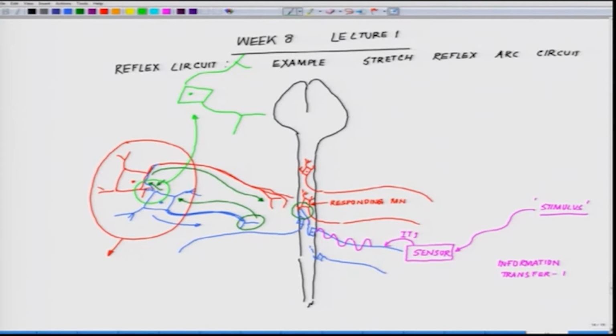One end of this additional neuron is synapsing with the motor neuron, and the other end is synapsing with the axon of the sensory neuron, like this. So the flow of information is like this.